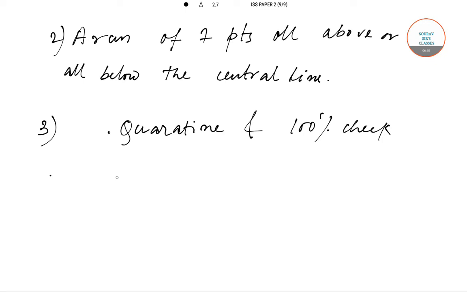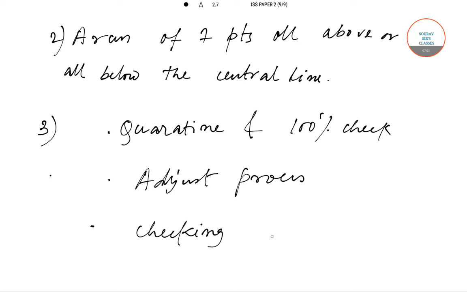Then there is adjust process. Point number 3 is checking 5 consecutive samples, then continue the process.